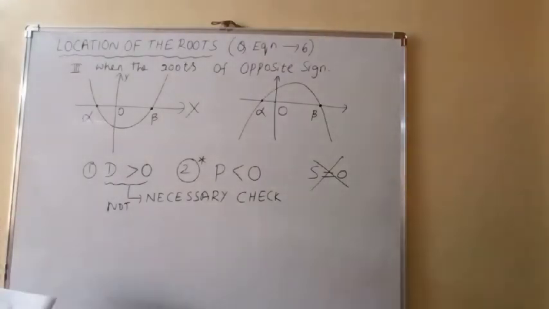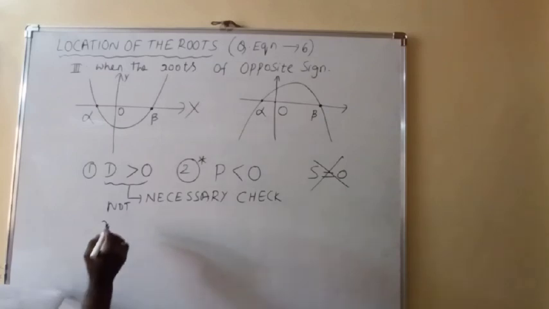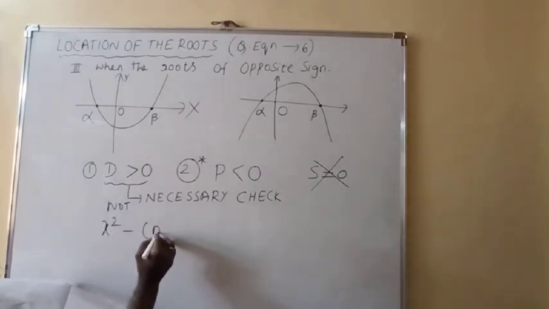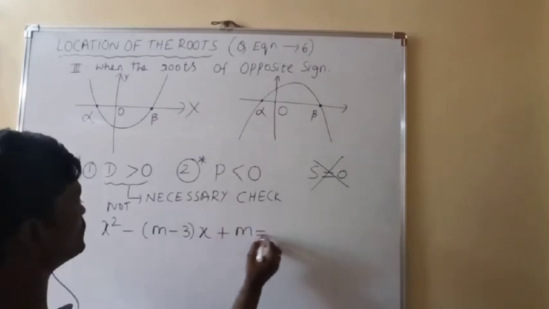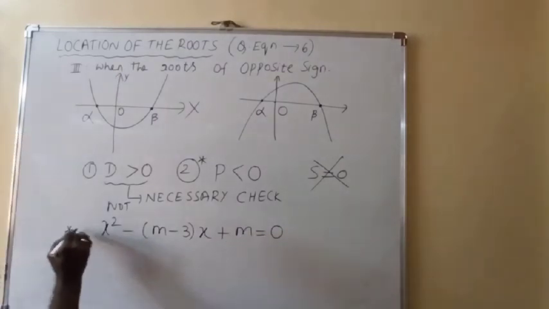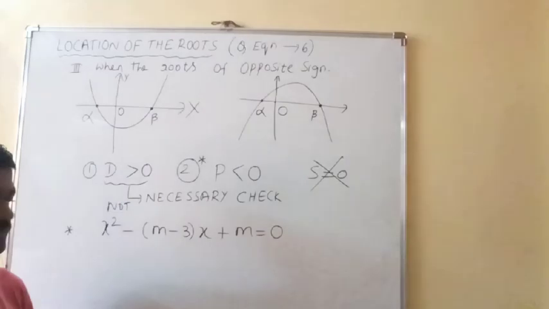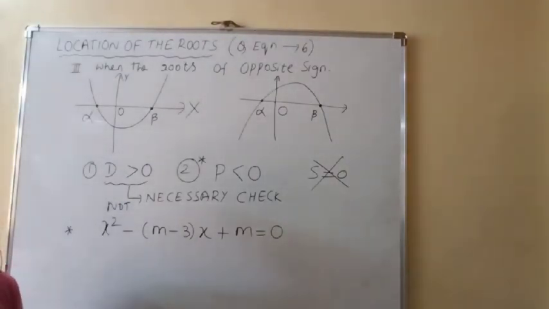Okay, one example you see. The problem is given: x square minus (m minus 3) x plus m is equal to 0. Find the value of m for which the roots of this quadratic equation are of opposite sign.